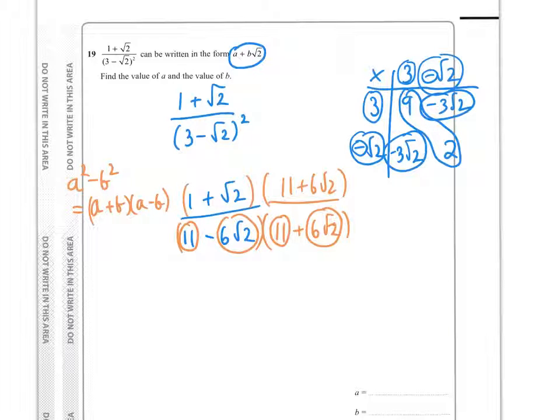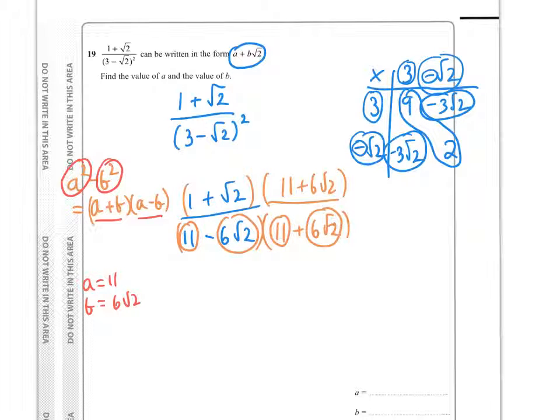And you might think, well, hold on a minute, why is that the case? Well, I've just explained this a plus b and a minus b business. If we took our a to be 11 and our b to be 6 root 2, then we'd have the form something squared minus something squared, i.e. a difference of two squares.